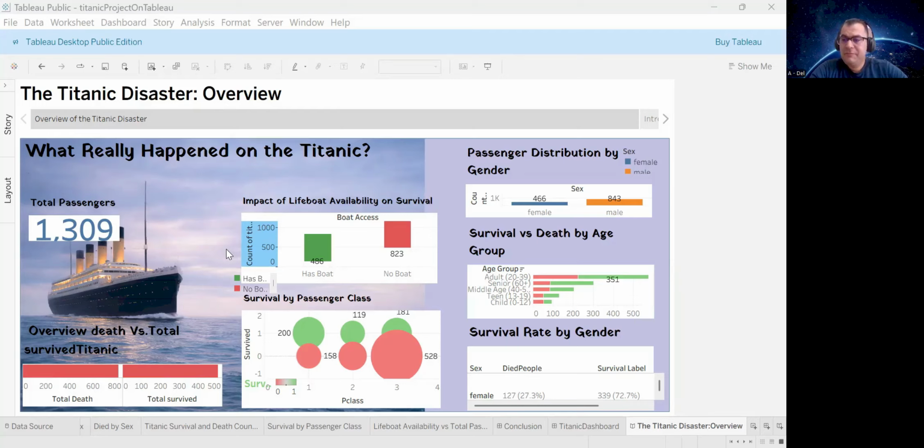I found it very important and necessary to clean and prepare the data. Raw data sets usually contain missing values or inconsistent information, so data cleaning is an important step in any data analysis project.